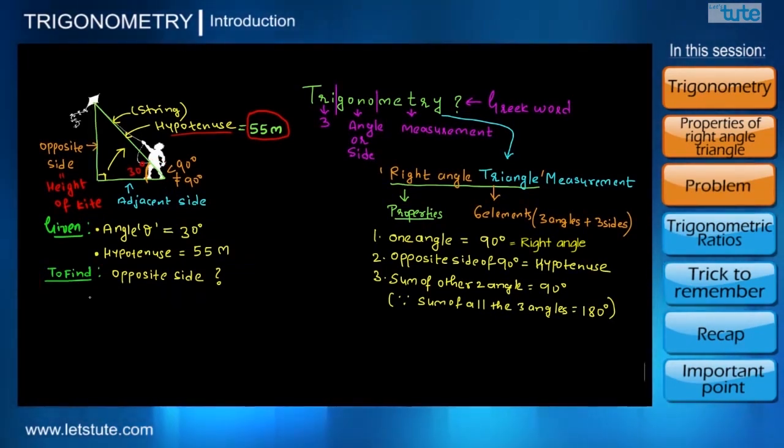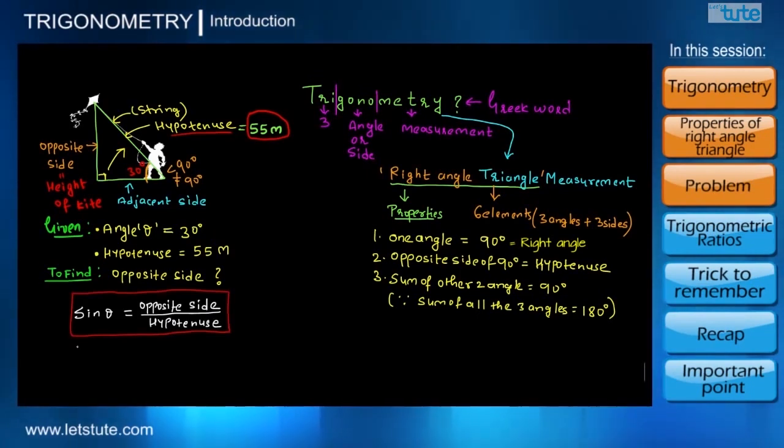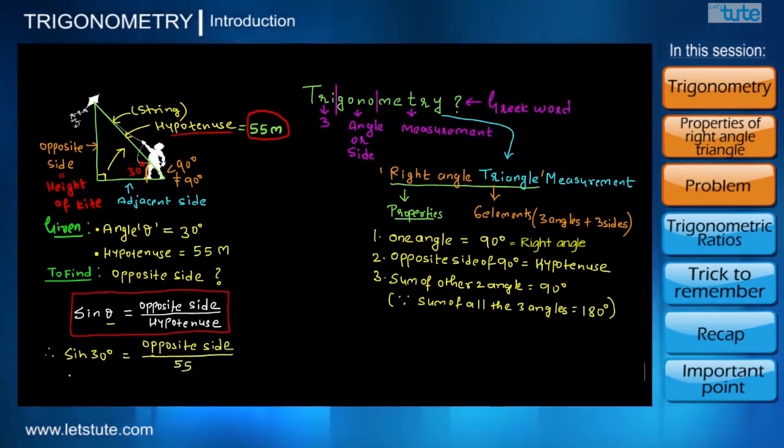So in such cases where we are given theta, that is the angle, and the hypotenuse, and we need to know the opposite side, we use the formula sin theta is equal to opposite side upon hypotenuse. And therefore, since my theta is 30 degrees, in this case we get sin 30 is equal to opposite side upon 55, as my string length is equal to 55 meters.